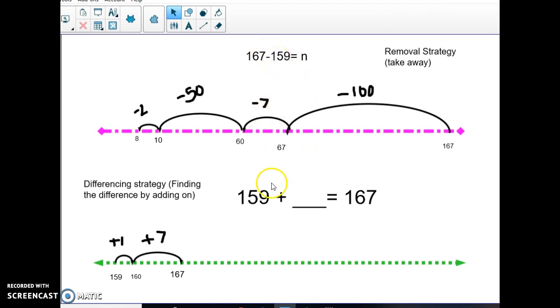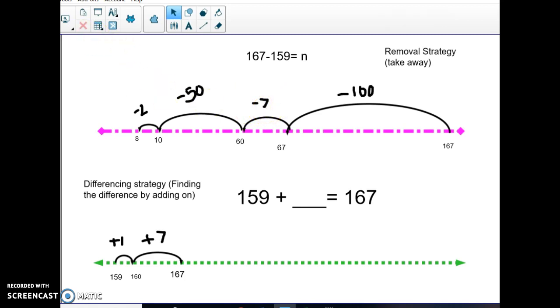But when you have numbers that are close together, like 167 and 159, sometimes using the differencing strategy is going to be a little bit more efficient because they're so close together. And I only had to do 2 jumps here, whereas here I had to decompose that 159 into 4 different numbers, like 100, 50, 7, and 2.